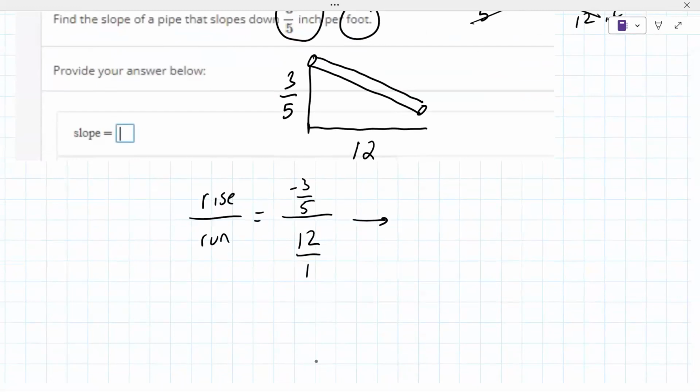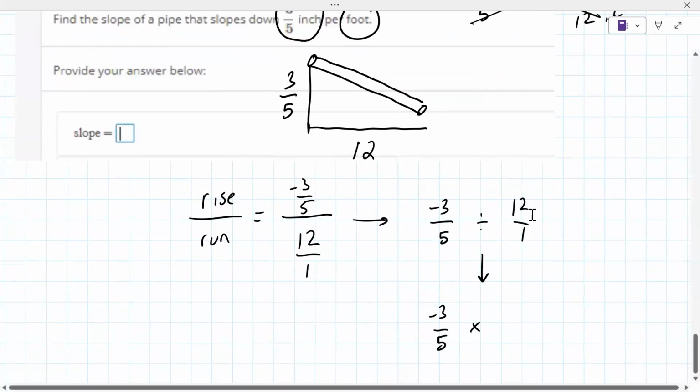You remember how to change division by a fraction? What does the division change to? Multiplication. By the, what changes over here on the right? It's just 12. It's the reciprocal.